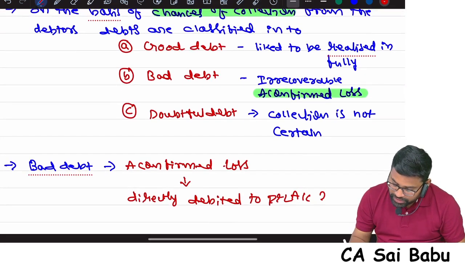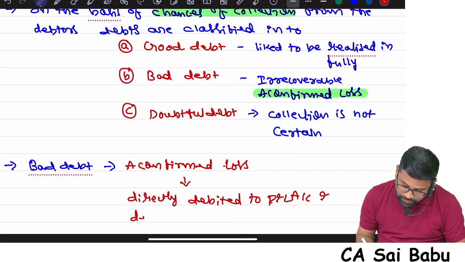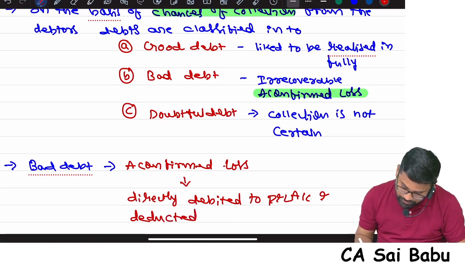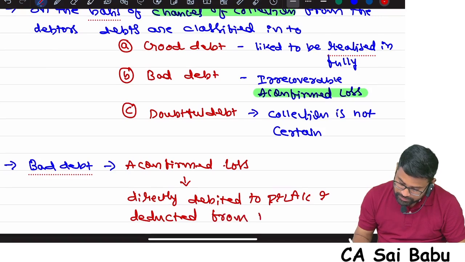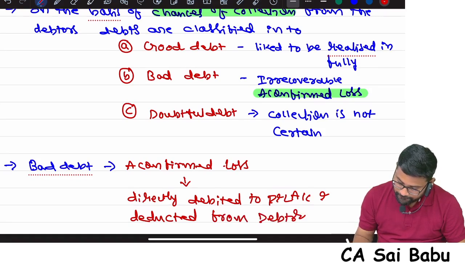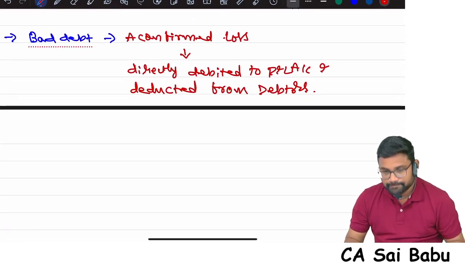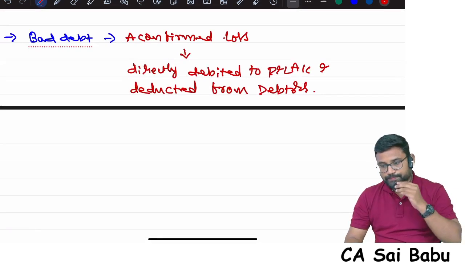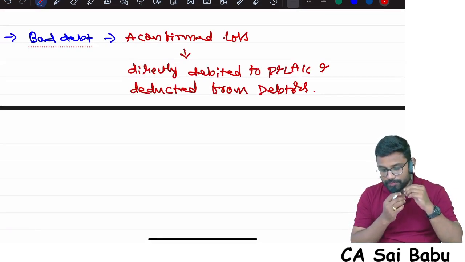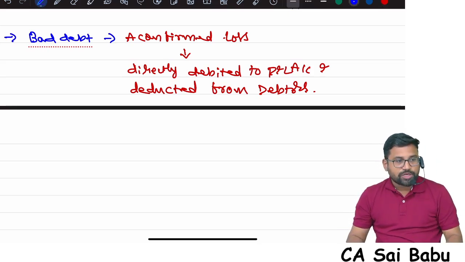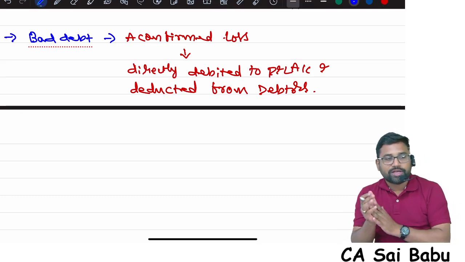And one more thing we need to do: deduct it from debtors. Since bad debt is a confirmed loss, it is directly debited to the P&L account and deducted from the debtors.